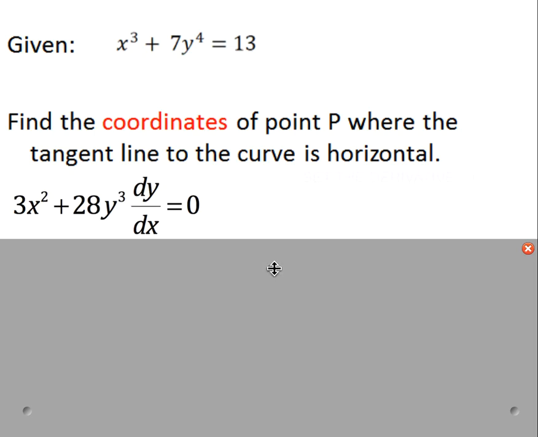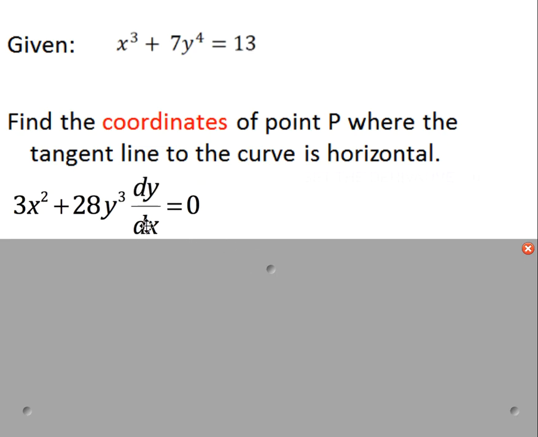So I hope you would agree that the derivative of x cubed is 3x squared, and the derivative of 7y to the 4th is 28y to the 3rd dy/dx. Because again, this does not say y equals. Every time we take a derivative of a y, we need to have dy/dx. Also, don't forget the derivative of 13 is 0.